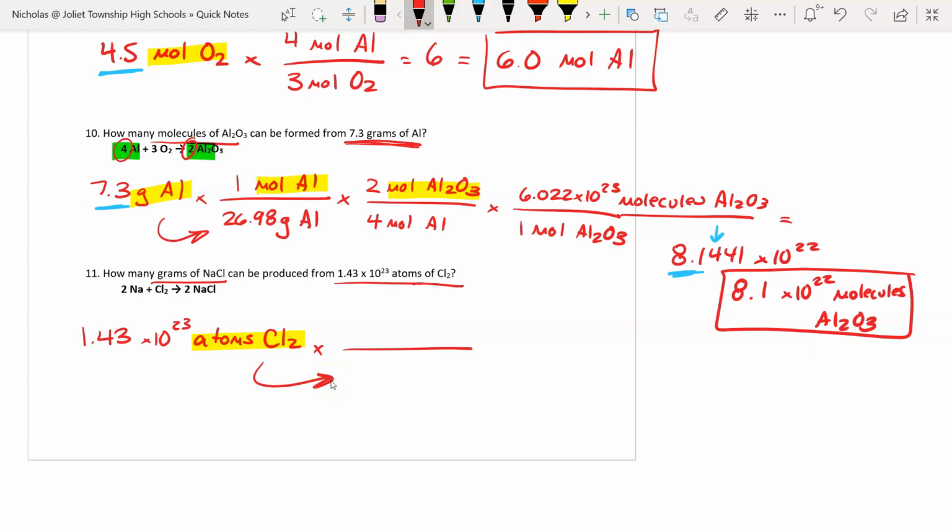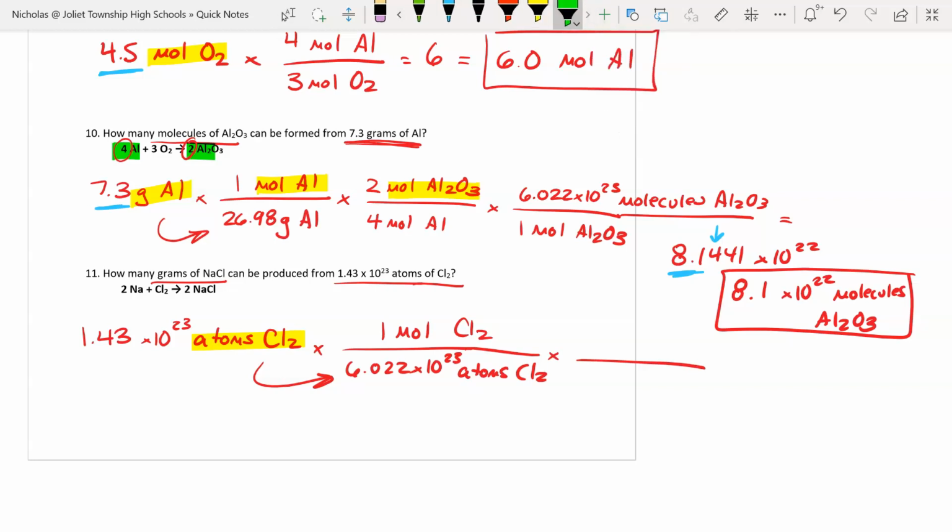So Avogadro's number is going to go in the denominator. 6.022 times 10 to the 23rd atoms of chlorine. And that's how many atoms are in 1 mole of chlorine. Okay, so now we're in moles. So our next step is to do our mole ratio.